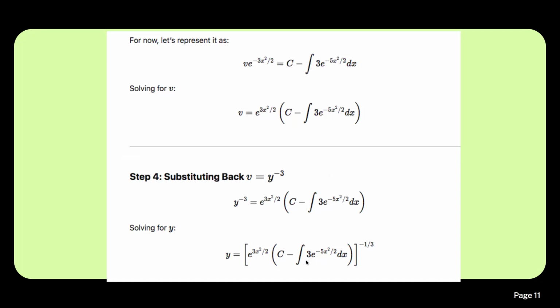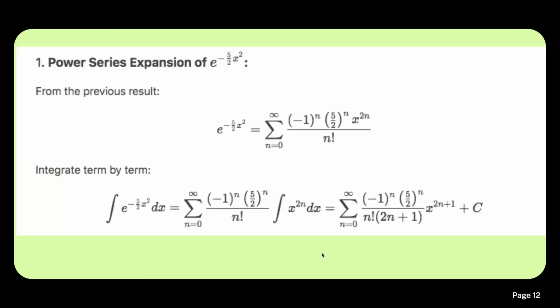Now you ask me, what is this part? Can we integrate this part? We cannot integrate it easily because this is e^(x^2), so it is not easy to do. But we have a way: Taylor expansion. We use the Taylor expansion for this e^(-5x^2/2). If you are not familiar with it, just go back and review how we deal with Taylor expansions, okay?